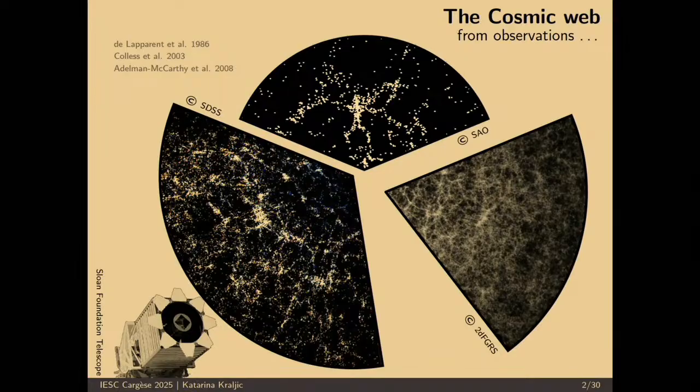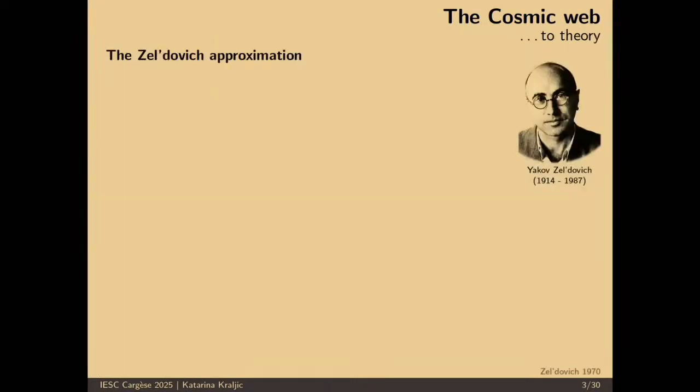They are organized in what we call the cosmic web, composed of these largely overdense node regions at the intersection of these lower density elongated filaments, with underdense void regions in between, surrounded by the two-dimensional wall regions.